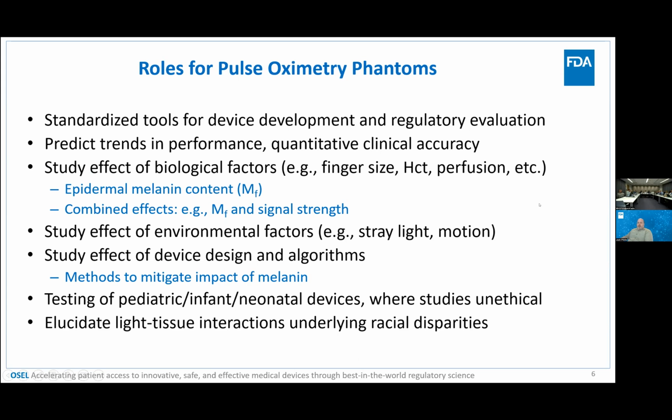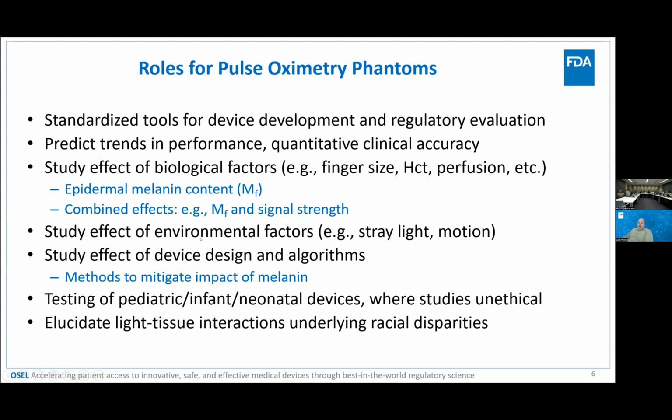We want to be able to use phantoms to study in isolation different biological factors, whether it be finger size, hematocrit, perfusion, and of course, epidermal melanin content, and even combinations of these factors, like melanin content in addition to signal strength, to replicate the work done by UCSF lately, showing that this is a particular case where there can be significant problems in high pigmentation and lower signal strength.